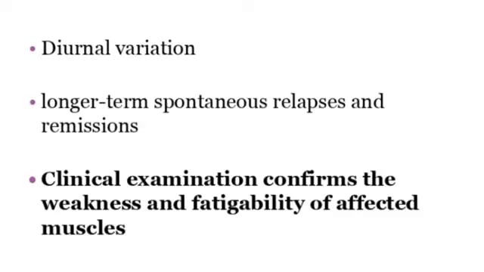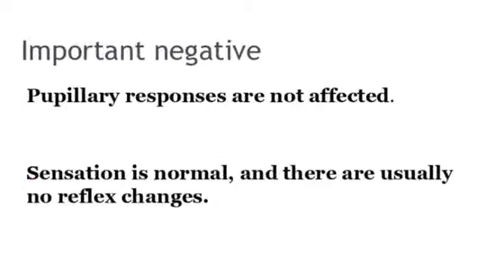The weakness does not conform to the distribution of any single nerve, root, or level of the central nervous system, and in more than 90% of cases, the extraocular muscles are involved, leading to often asymmetric ocular palsies and ptosis. The important negatives: the pupillary responses are not affected, the sensation is normal, and there are usually no reflex changes.